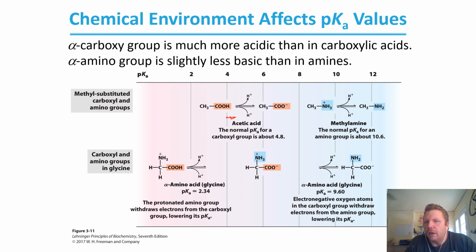Methylamine has a pKa of about 10.6. Each group is either protonated or deprotonated: at a lower pH we have the protonated form, and at a higher pH the deprotonated form. Likewise with the methylamine, it's protonated at a lower pH and deprotonated at a higher pH. These are all important things to think about with respect to amino acids.